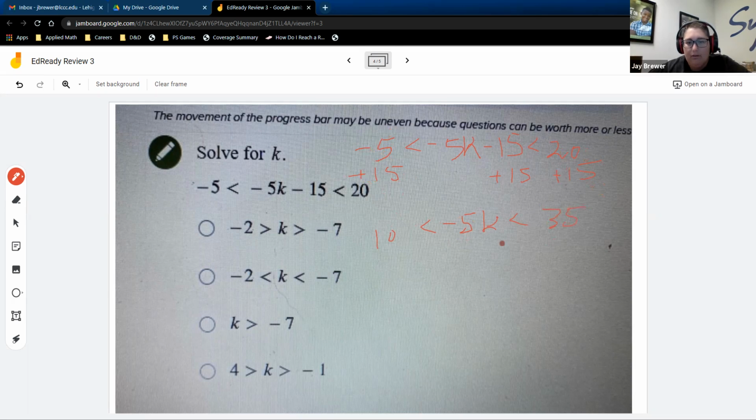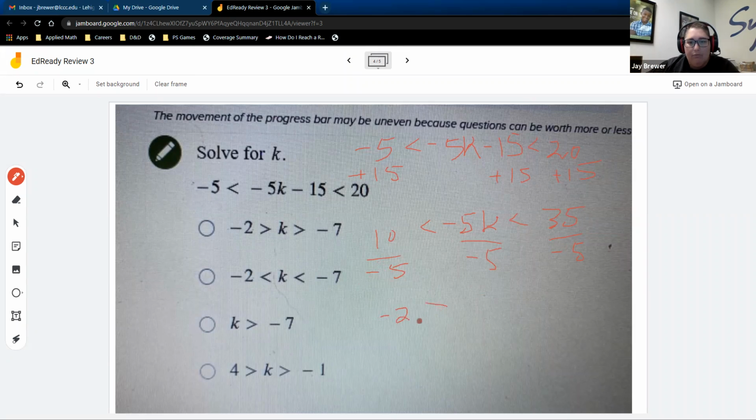Now we have to divide by negative 5. Again, we're going to divide by negative 5 on all sides. But something you have to realize when you divide or multiply by a negative and you are dealing with inequalities, you have to flip those inequality signs. So 10 divided by negative 5 will give us a negative 2.